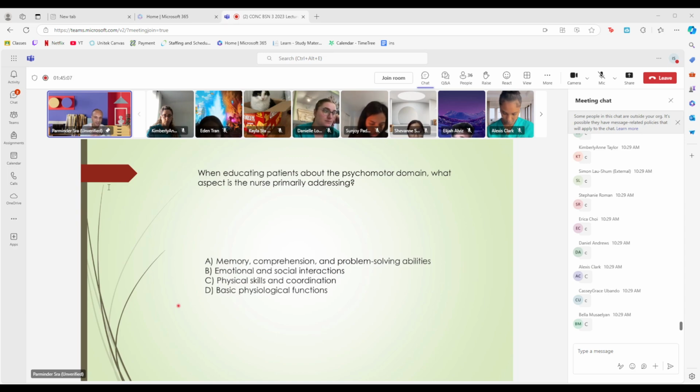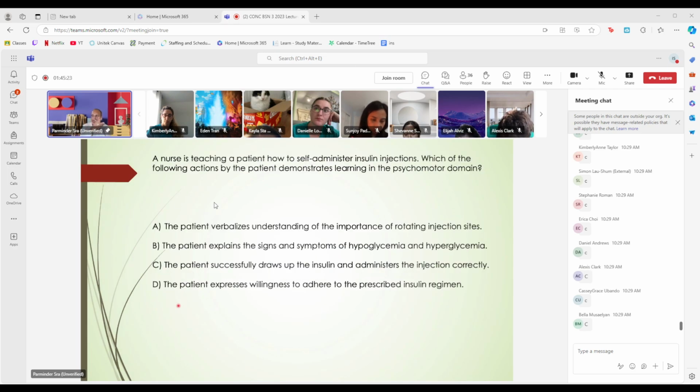These involve tasks which require manual physical dexterity, maybe proper hand washing techniques, medication administration, or some therapeutic exercises, whenever they have to do something.